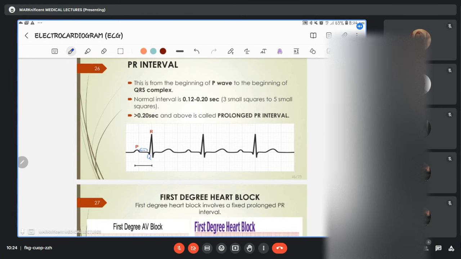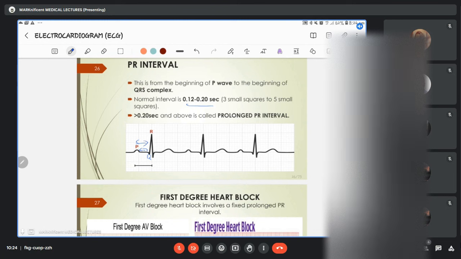So the PR interval here is as it is written. It is from the beginning of the P wave here, an interval, of course, to the beginning of QRS. So in between P and Q, that's where you have the PR interval. The normal interval is 0.12 to 0.2 seconds. All of these are just to define what the PR interval is. And then anything greater than 0.2 means that there's a prolonged PR interval.